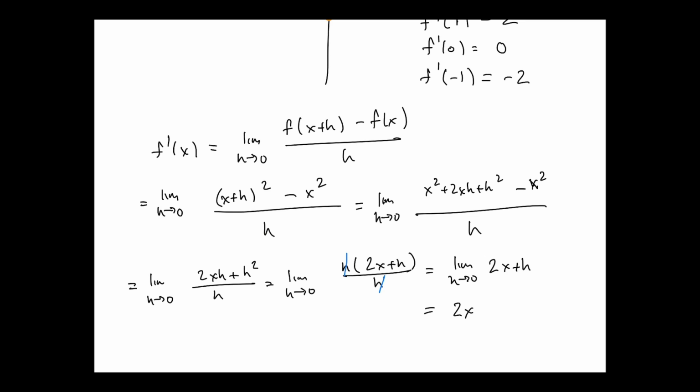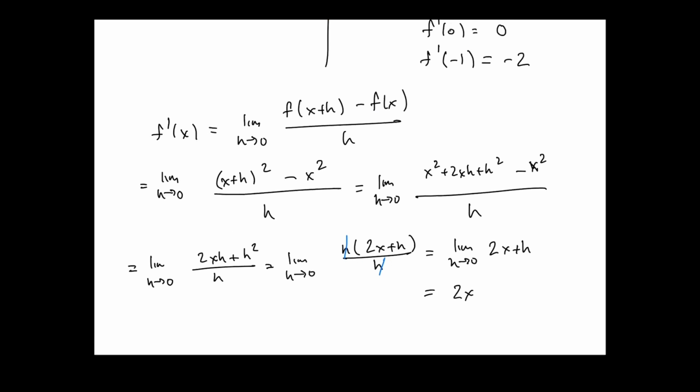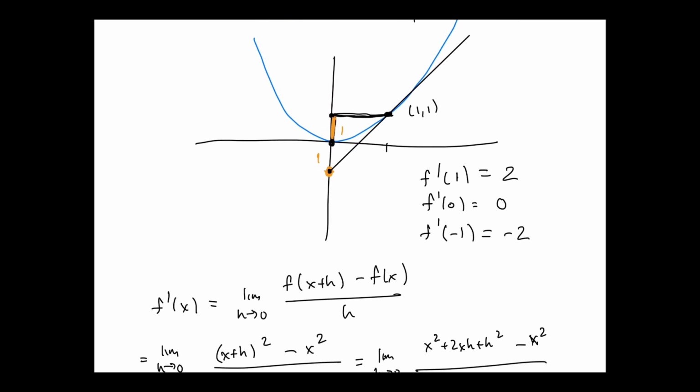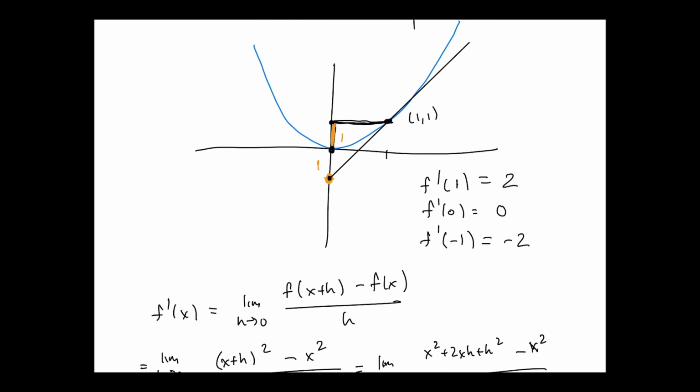Okay, so we got this function. So we think if f of x is x squared, then f prime of x is 2x. All right, now let's look back up at our parabola. Does that jive with what we got just by doing this geometry business?